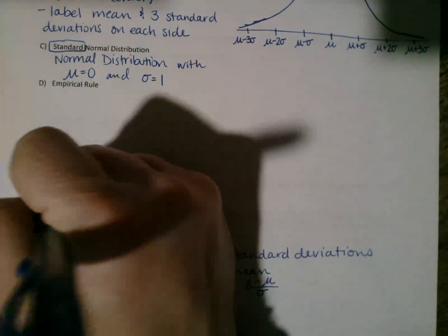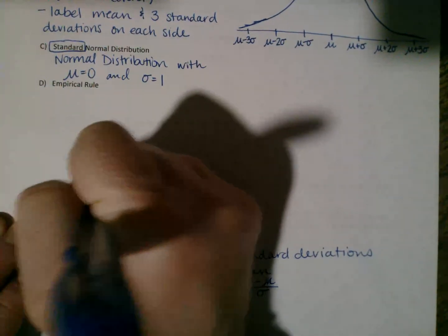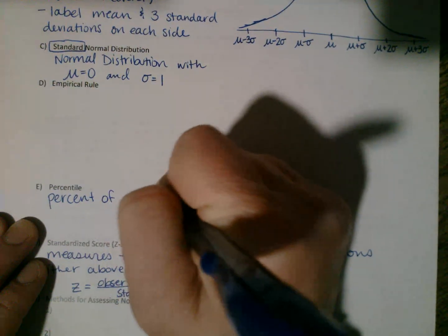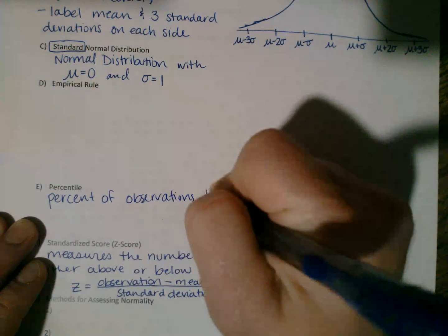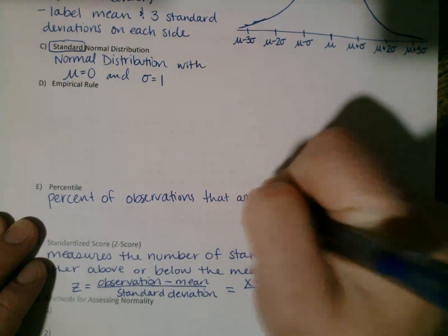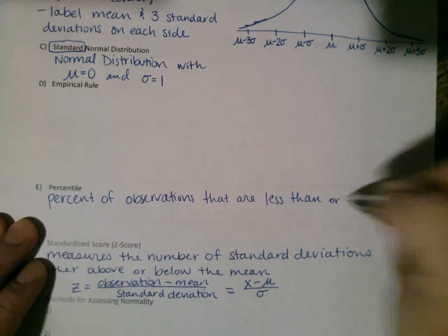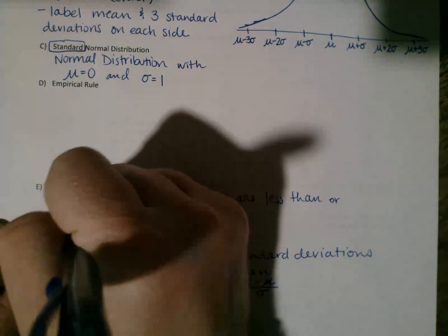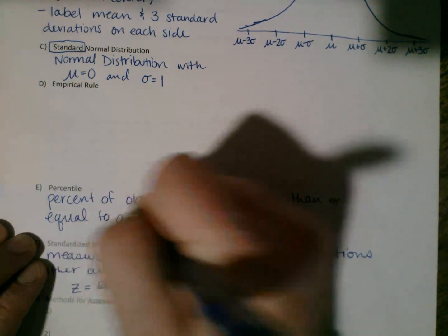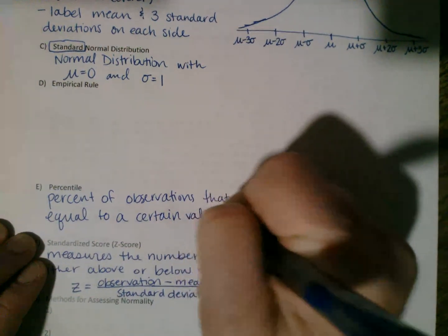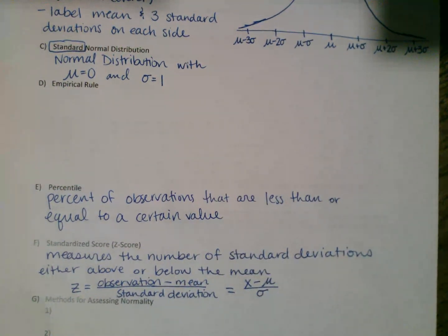So percentile is the percent of observations that are less than or equal to a certain value. So remember, like 90th percentile is the same as what we sometimes call top 10%. Okay?